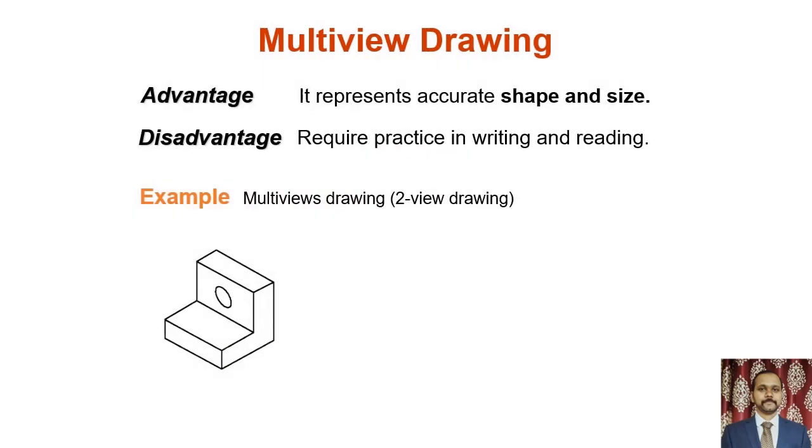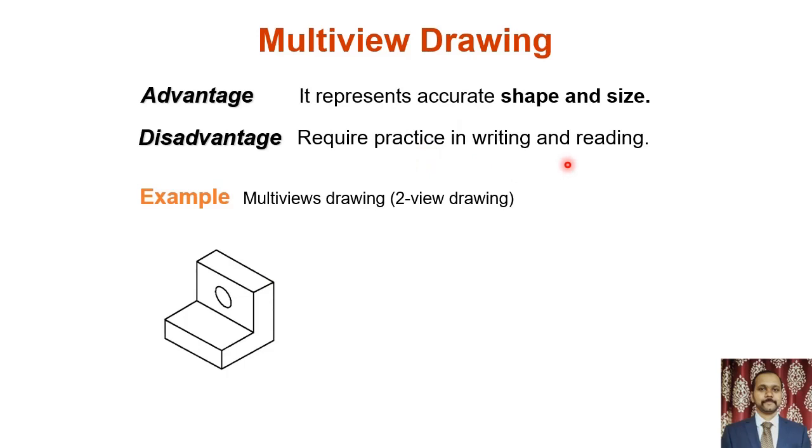This is a multi-view drawing. So we are familiar with this multi-view drawing, and the main advantage is that we are going to draw accurate shape and size by using this multi-view drawing. Okay, and what is the advantage of this orthographic or multi-view drawing? Practice in writing and reading is required.